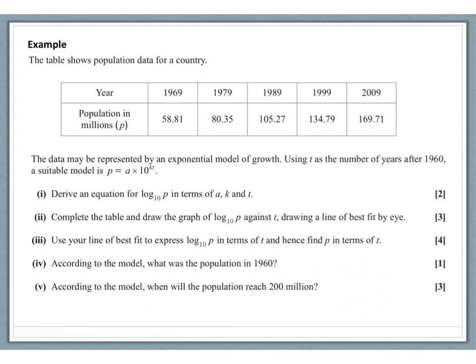We suspect that we could model it with an exponential model. So here we have an example, but we don't know what these constants are. So we don't know what A is, and we don't know what K is, but we predict that it's 10 to the power of KT. So what we're going to do is reduce this to linear form and then investigate what happens from there.